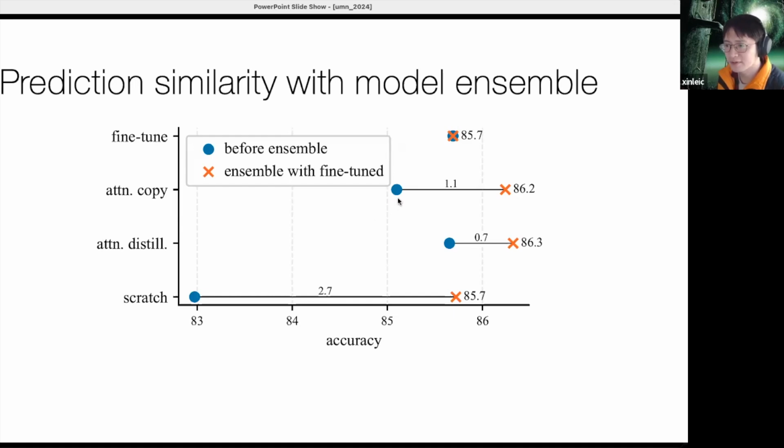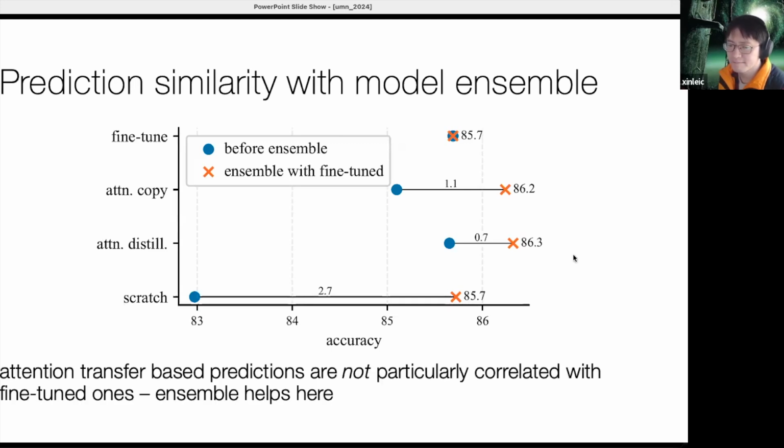Attention copy is 85.1, gets a 1-point improvement, and attention distillation also gets helped. The takeaway here is that the attention transfer-based predictions are not particularly correlated with the fine-tuned ones. So that's why the ensemble can help on top of it.